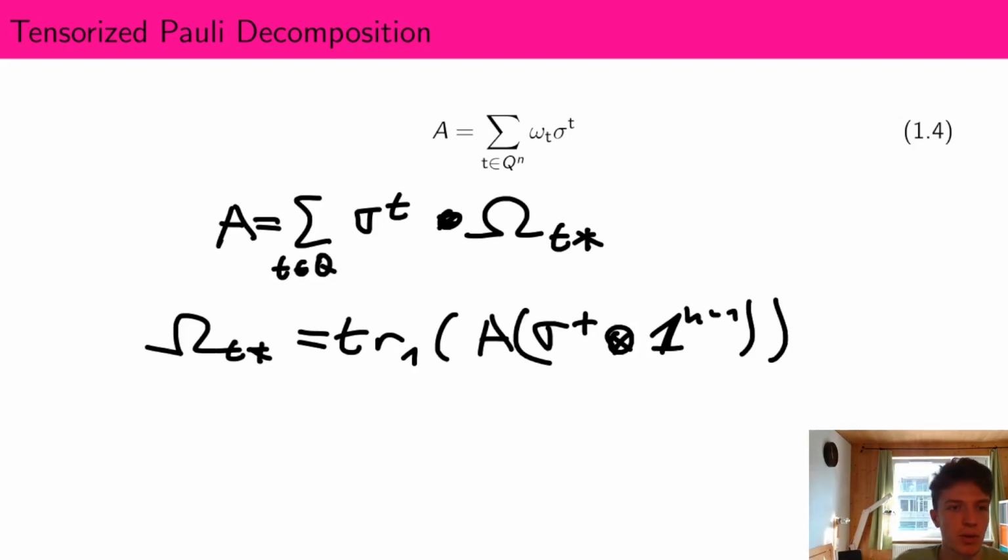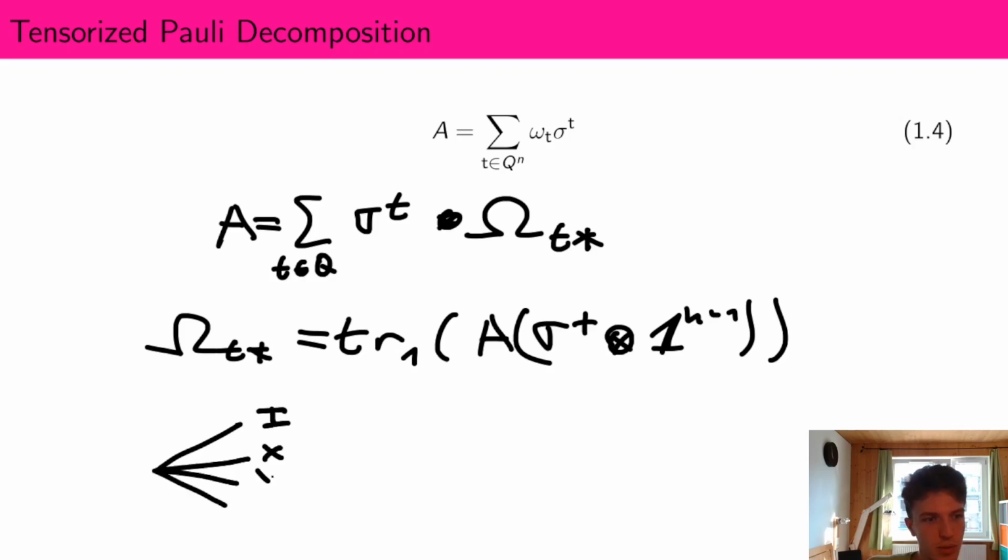And doing this recursively results in a big speed up, which we used in our algorithm for tensorized Pauli decomposition. And this is basically a classical divide and conquer scheme where you have your computational tree and you split out your computation into smaller computations that can be more easily handled.